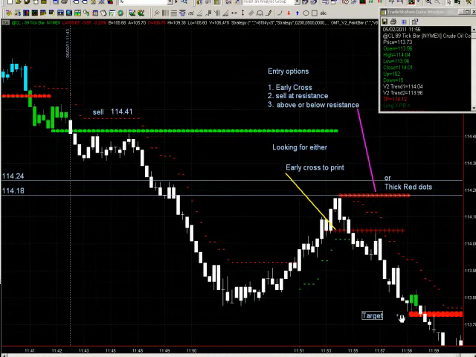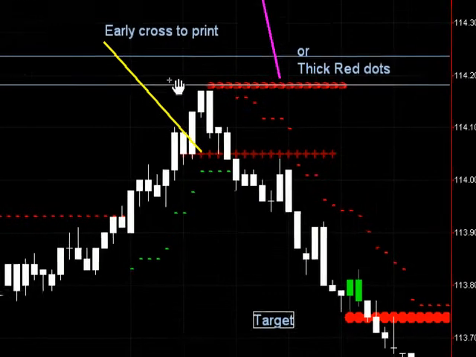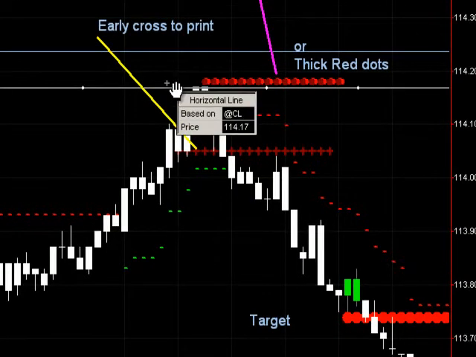You don't initially have a target on this trade because the market will give you your target, but what you could do is use a 3 to 1 target. If you've got a 5-point stop, you may be going for a 15-20 point target, or you might push it out to 30 points just in case you get one of those big quick moves down.